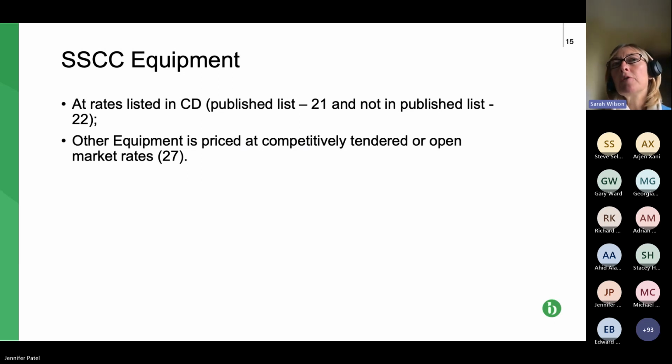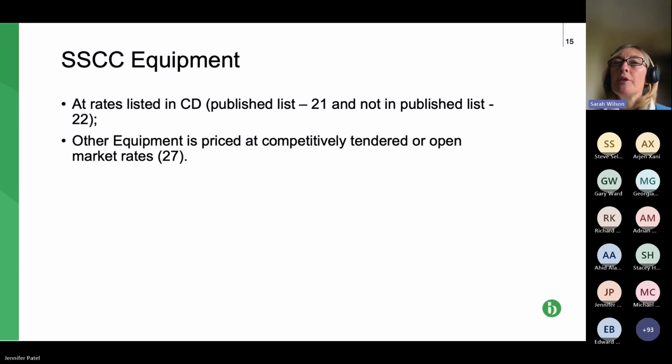So if the contract data where it says, equipment is priced on published list dash, if it says CECA rates, or sometimes it might say CECA minus 5% or whatever, then all of the rates in the CECA list apply, plus or minus whatever has been put in.